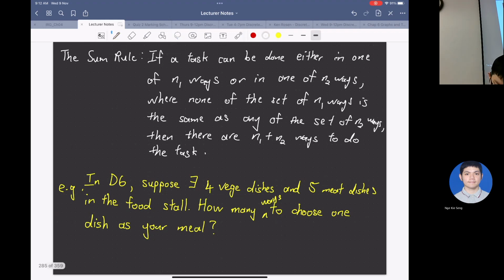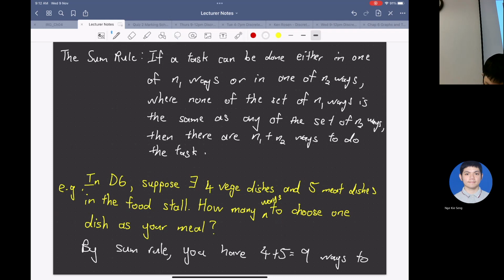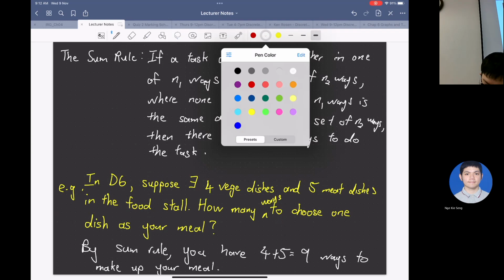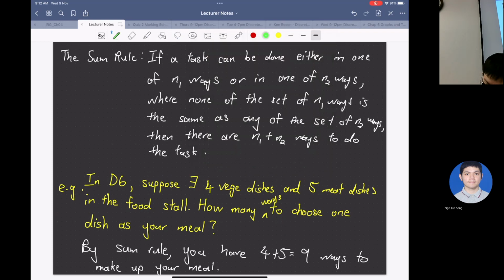So by the sum rule, that's 4 plus 5, which is 9 ways. So you can either pick V or you can pick M. It's like taking the union of the sets. Only one.